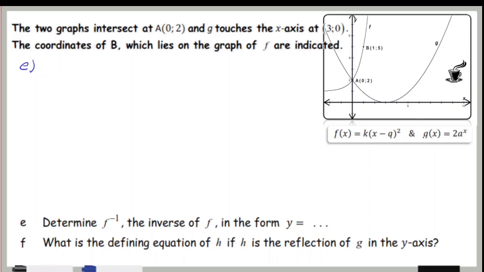Determine the inverse of f in the form y is equal to.